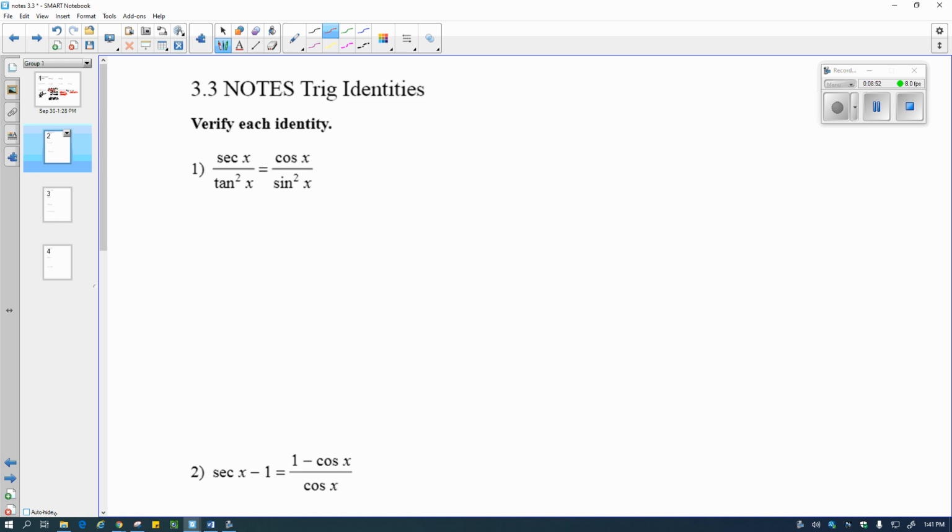Well, when you're new at it, one thing you may want to try is to get everything in terms of sine and cosine. This is not something that you have to do.